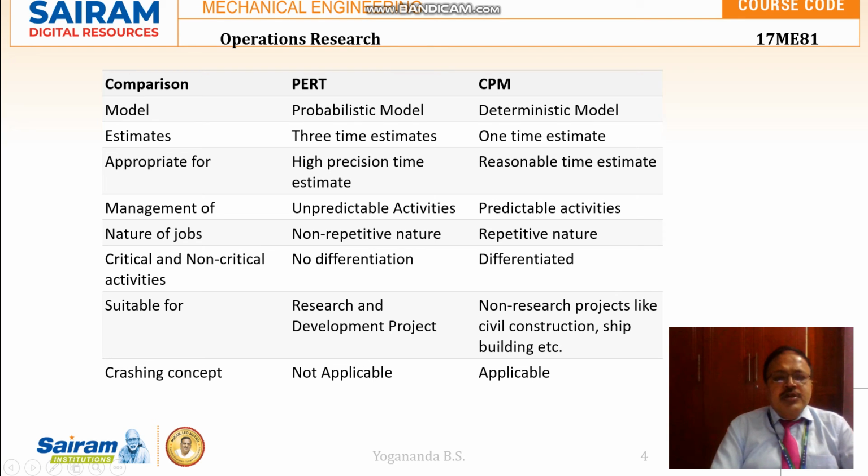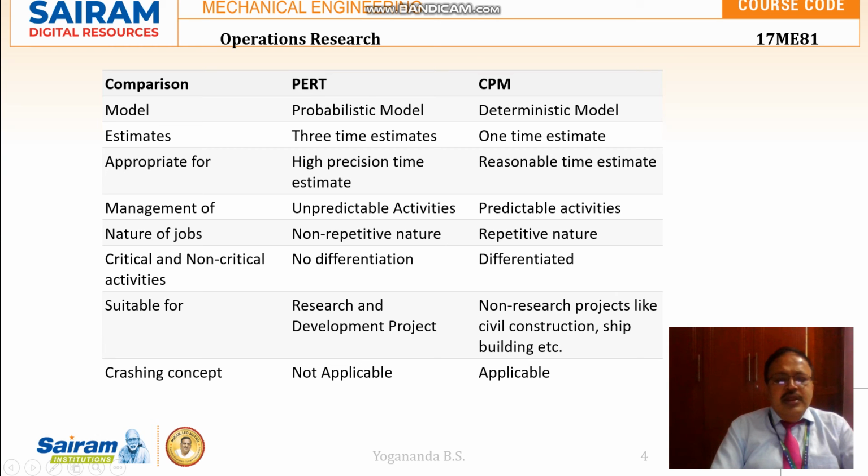Nature of jobs: PERT takes care of works of non-repetitive nature, whereas CPM involves activities which are repetitive in nature. Critical and non-critical activities: there is no differentiation in PERT, but in CPM we have differentiation between critical and non-critical activities.